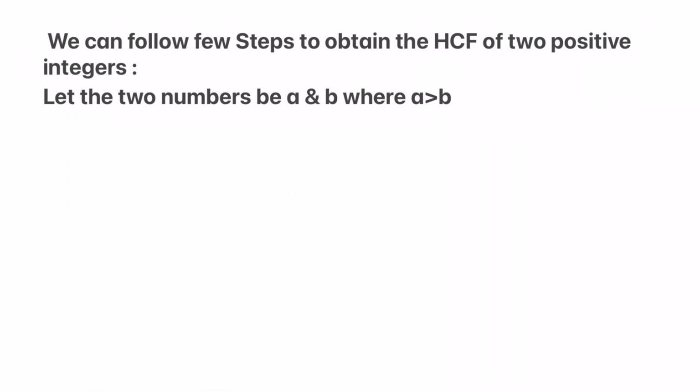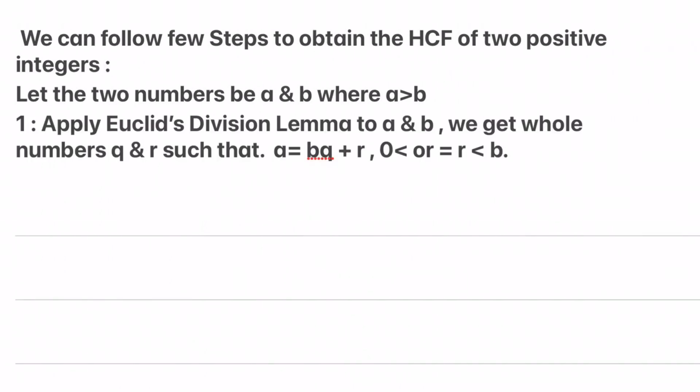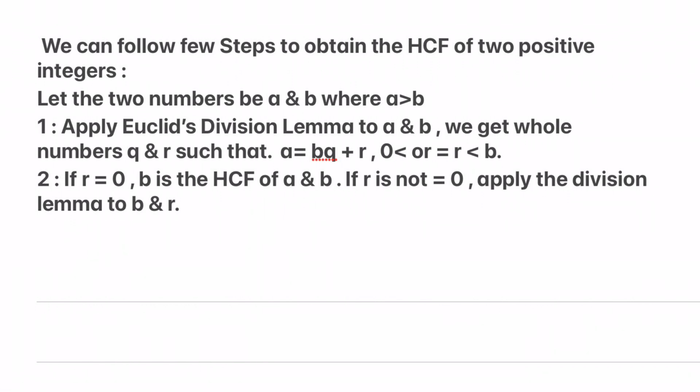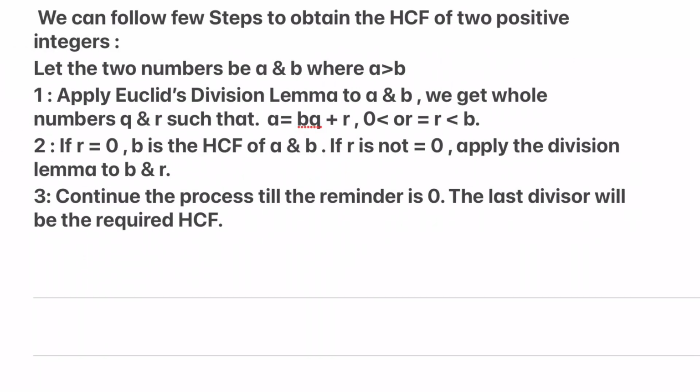Let's take two numbers A and B where A is greater than B. For the first step, we apply Euclid's division lemma to A and B. We get whole numbers Q and R such that A = BQ + R and R is greater than or equal to 0 and less than B. Now if R is equal to 0, then B is the HCF of A and B. But if R is not equal to 0, then we apply the division lemma to B and R. And we continue this process until we get the remainder as 0.